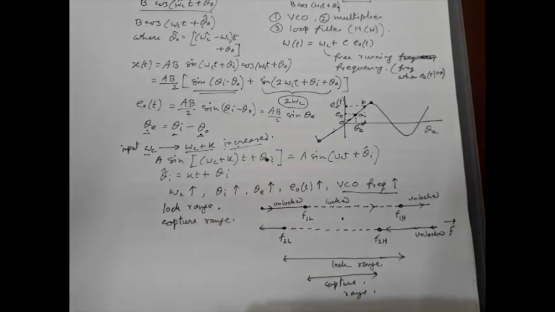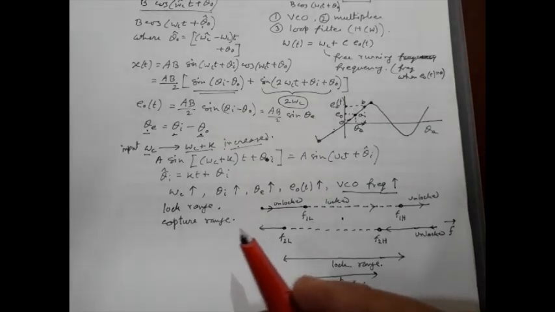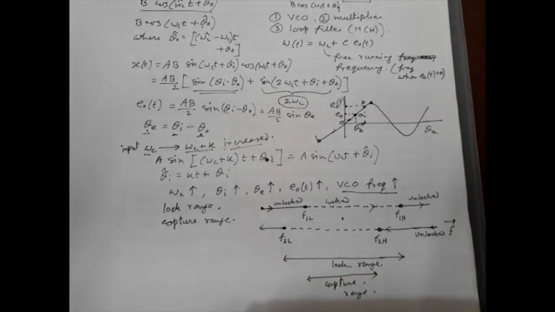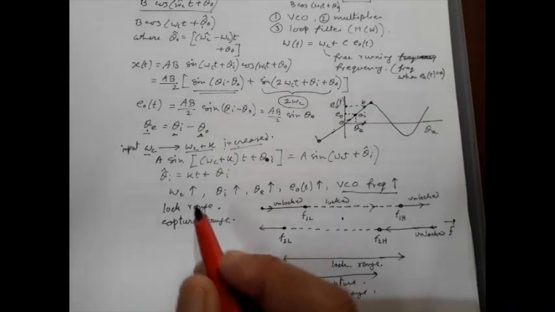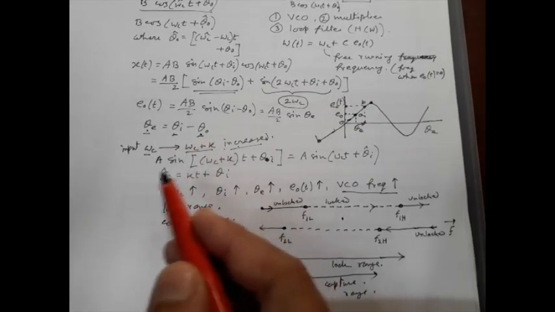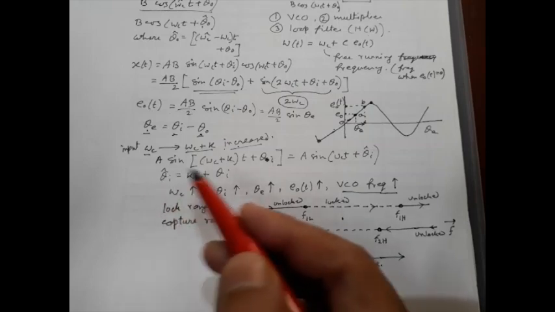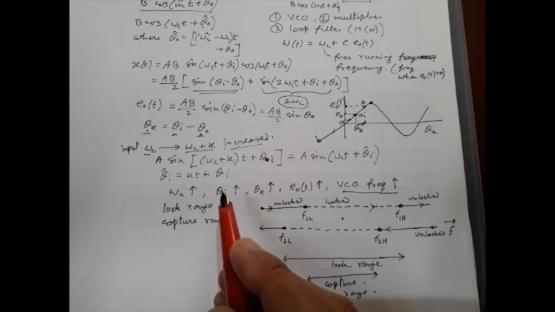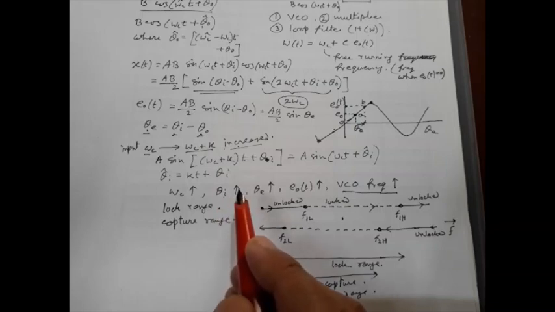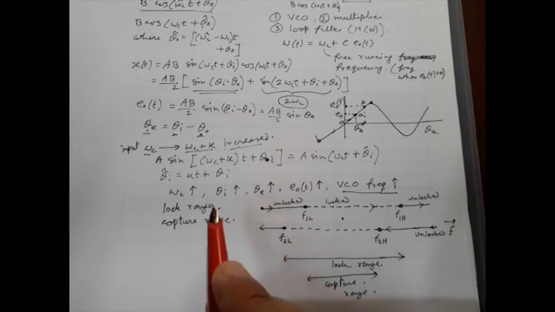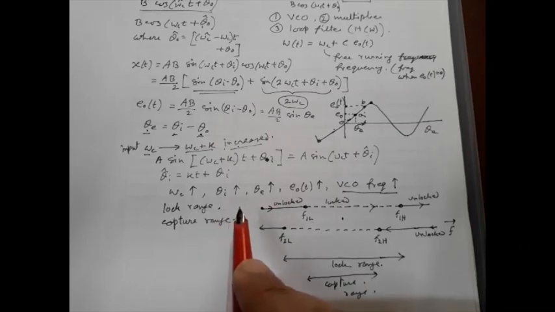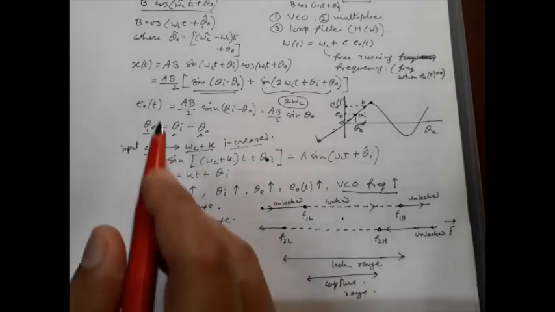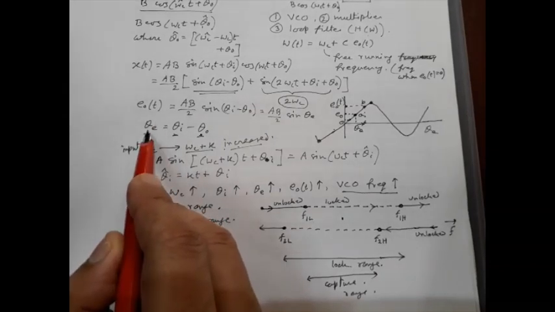Now if we assume that these phases are not constant but are varying slowly with time, then the angle theta O tends to follow the input angle theta I closely when the PLL tracks the input signal, and the difference theta E is either a constant or a very small number.